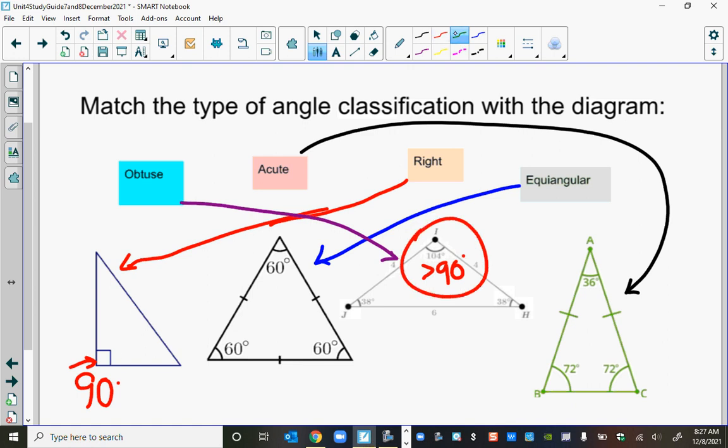And then this one, all angles are less than 90 degrees. That's why that's going to be an acute triangle. All right, questions?